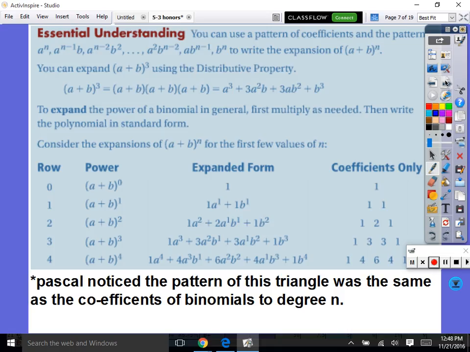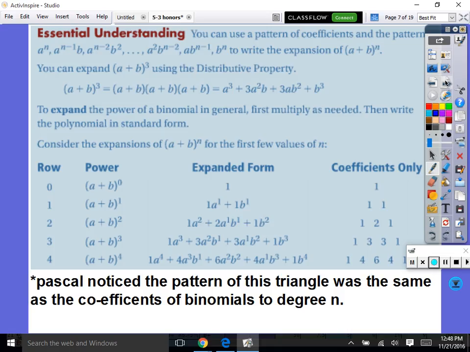It says the first and last terms in each row of Pascal's triangle are 1. Everybody look at the picture over here of the coefficients. So the first and last numbers in each row of Pascal's triangle are 1. Every other number in each row is formed by adding the two numbers immediately above the number. Pascal noticed that the numbers in the triangle are precisely the same numbers that are the coefficients of binomial expansion.